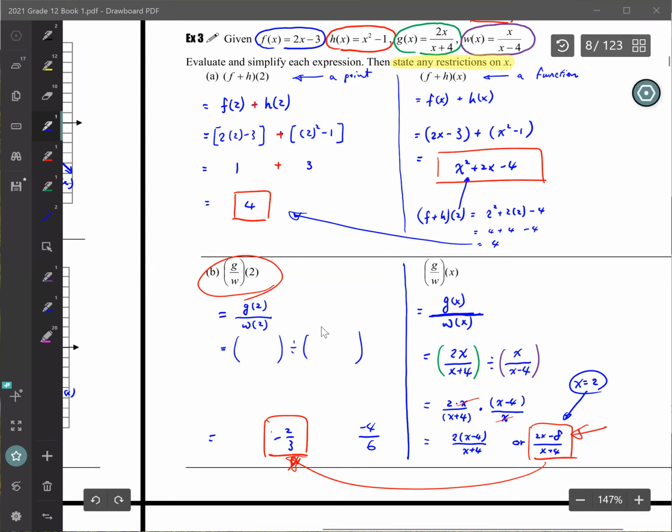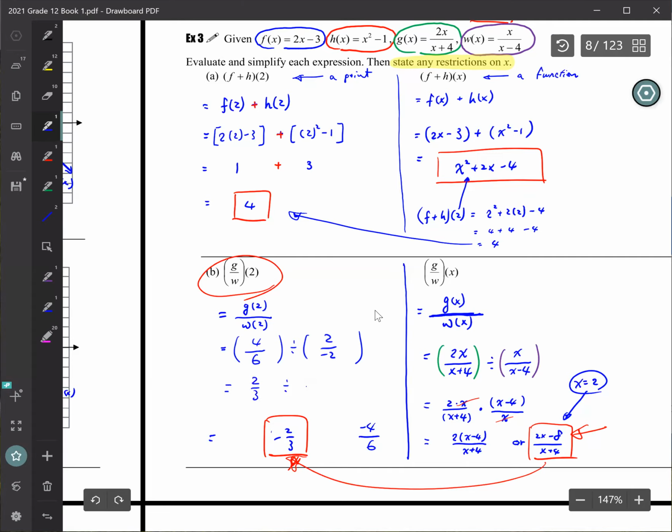How did you get 2/-2? Oh, 2/-2 is w. Okay, so g of 2 should be 4/6. Okay, and then we simplify it.